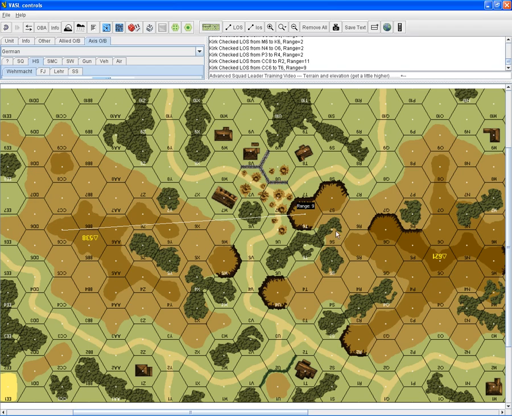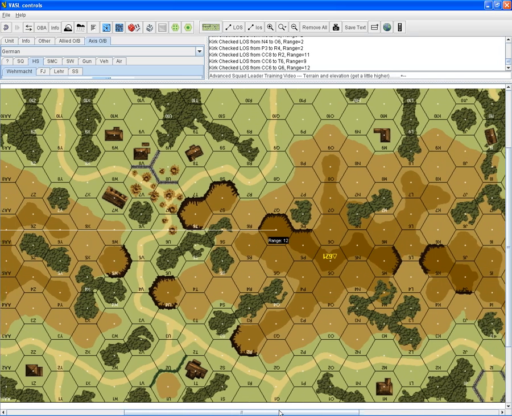What about CC6 up to Q6? This is level 3 here. This is level 2 here. Can they see one another? Well, let's draw it out and see. Yep. We're looking up. They're looking down at us. There's nothing in between that's higher than that. So we have line of sight.